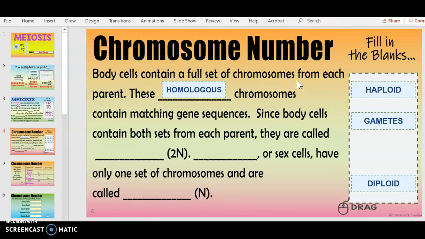Since body cells contain both sets from each parent, they are called blank. So when you have 2, is that going to be diploid or haploid? Remember what di stands for, all right? Di stands for 2. So blank or sex cells, so there's a word for sex cells, have only one set of chromosomes and are called blank. So you can finish that one up too.